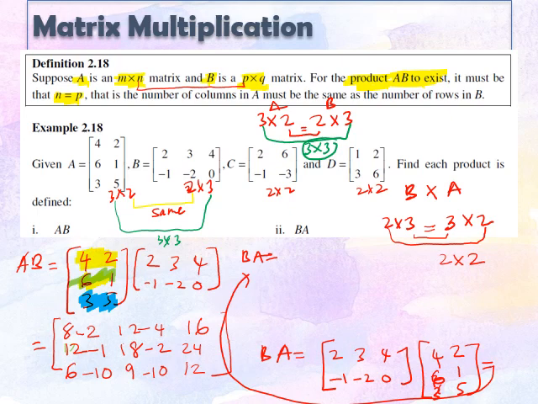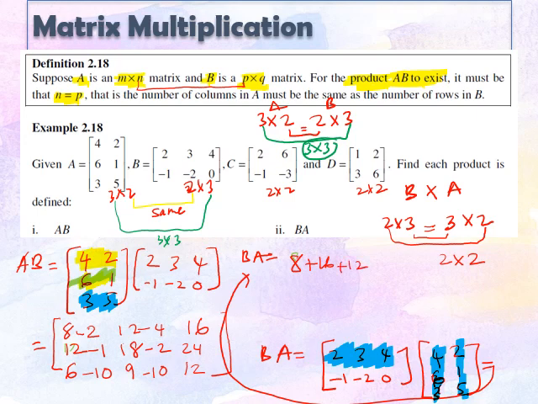So it will be a 2 by 2 matrix. We solve row by row. So row 1, this one. It will be 2 times 4 is 8, 3 times 6 is 18, 4 times 3 is 12.